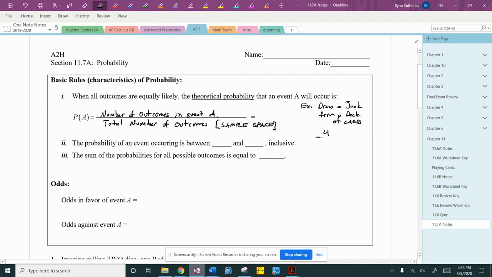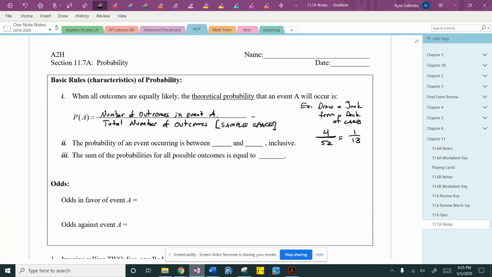There are 4 jacks. And then how many total outcomes are there? There are 52 cards. So my probability is 4 over 52, which is 1/13th. Sometimes those are expressed as decimals. Sometimes they're expressed as percentages or fractions. Unless otherwise stated, I prefer you answer with a reduced fraction.